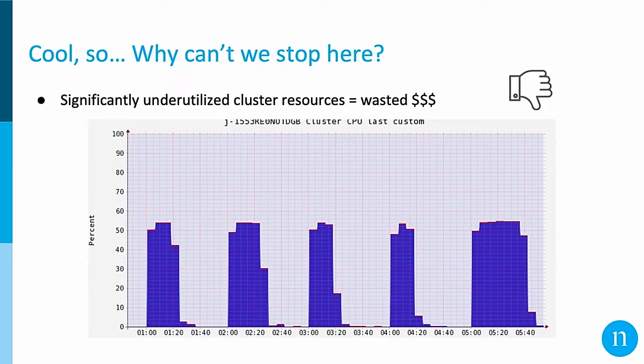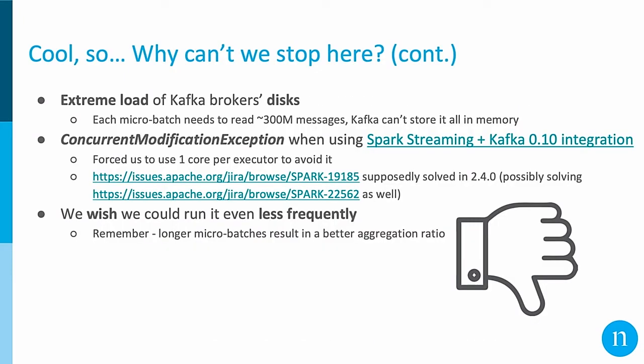So I get a really good aggregation ratio. So we wanted to use long micro batches. And for long micro batches, you can see in the CPU usage here that around 20 or 30 minutes of the time, the cluster was actually being utilized. And the rest of the time, it was idle. So that was just wasted money, okay? Because in cloud and in other environments as well, you just pay for resources, whether you use them or not, so wasted money here.